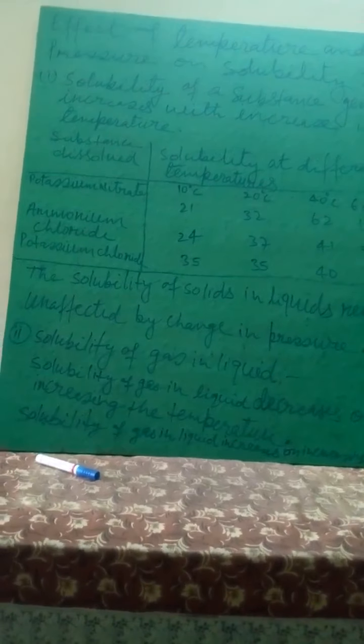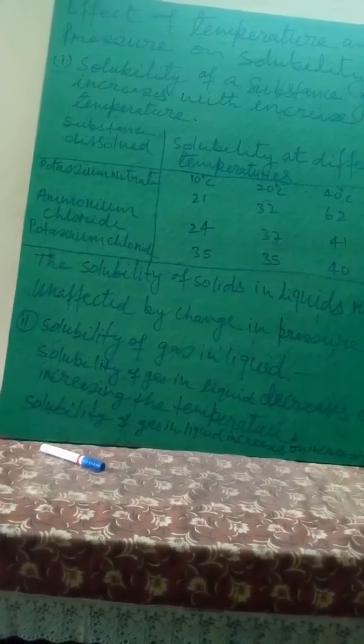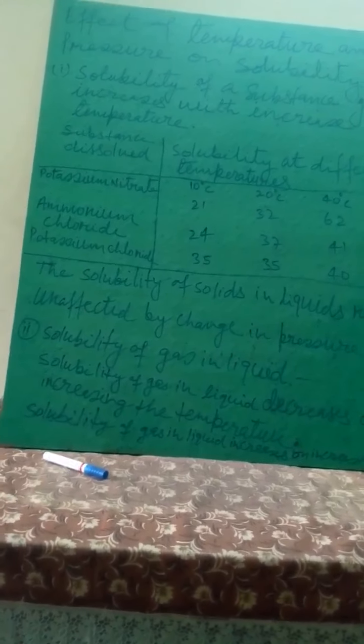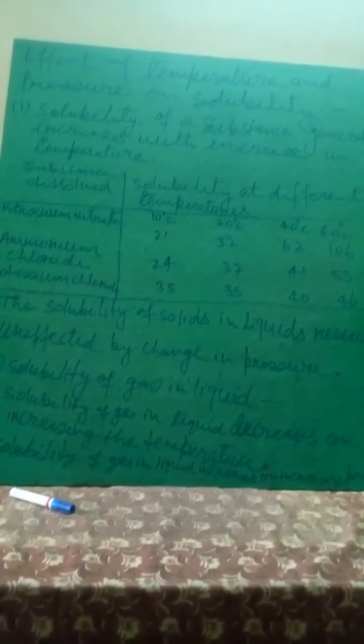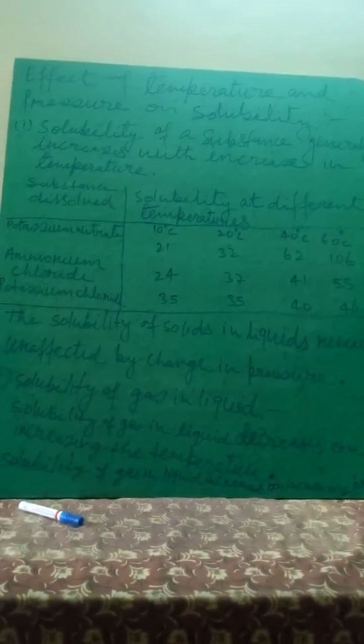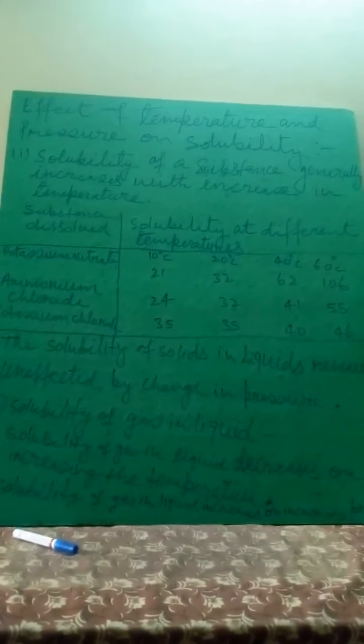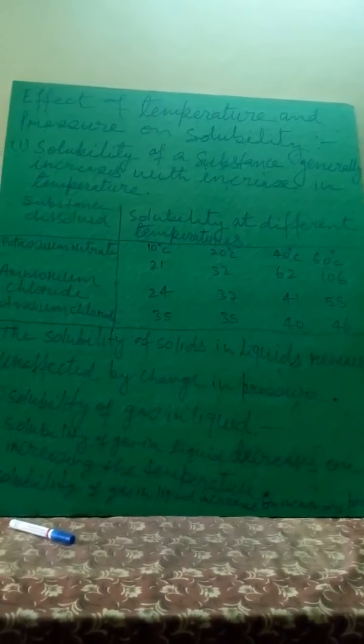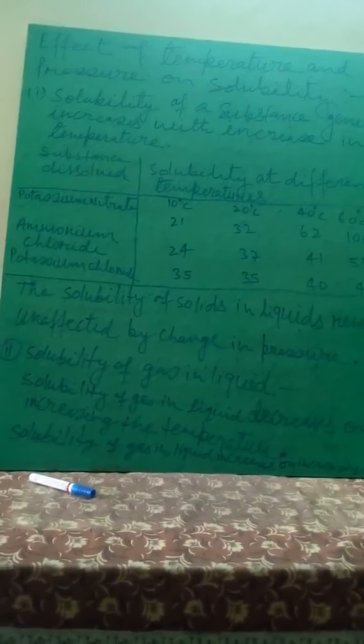When a bottle of soft drink is opened, the pressure inside decreases and the solubility of carbon dioxide also decreases. So, the excess dissolved carbon dioxide escapes in the form of bubbles.